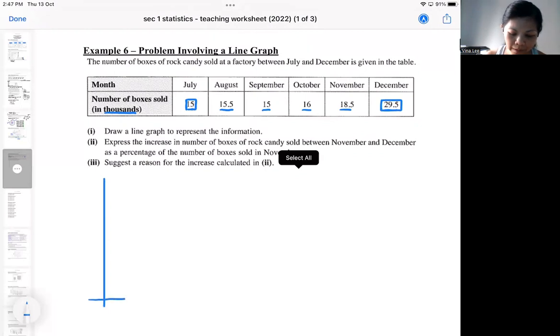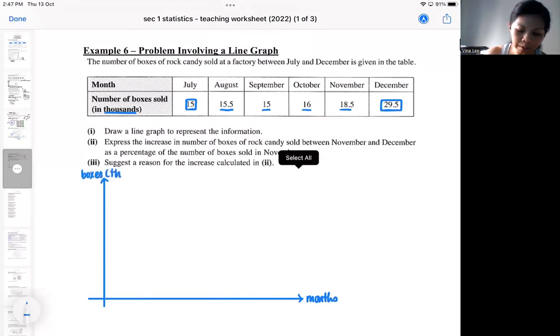When you draw your line graph, it's a bit like your graph as well. You must have an even interval. That will be the month, and that will be the boxes, and the boxes is in thousands. So it's still like a primary school thing.